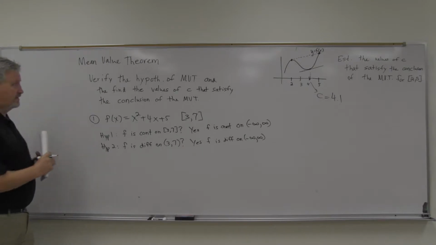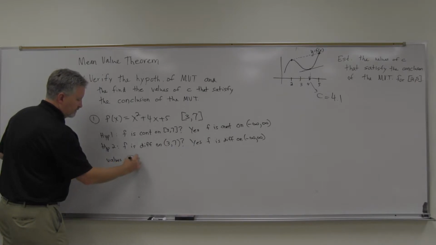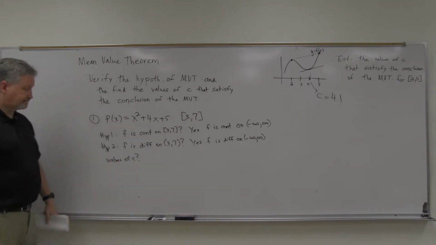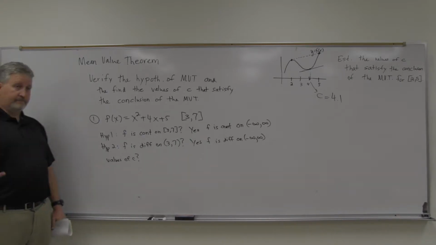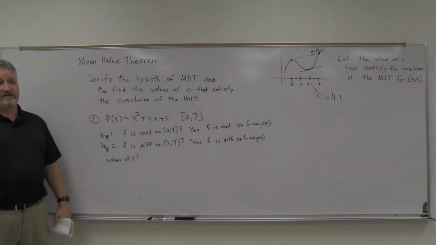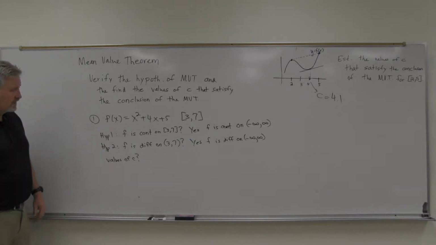And so then the values of C, or value, sometimes there may be more than one. So how do we do the values of C here? Well, on Rolle's theorem, we just got the derivative and set it equal to 0. We've got another step, if you will.